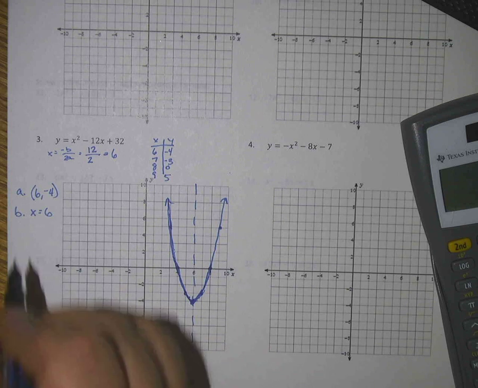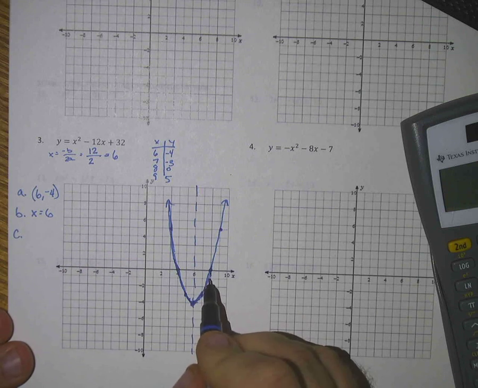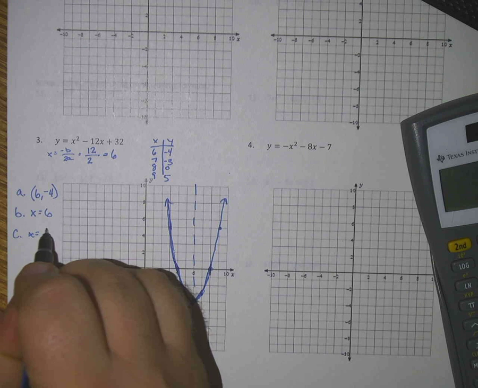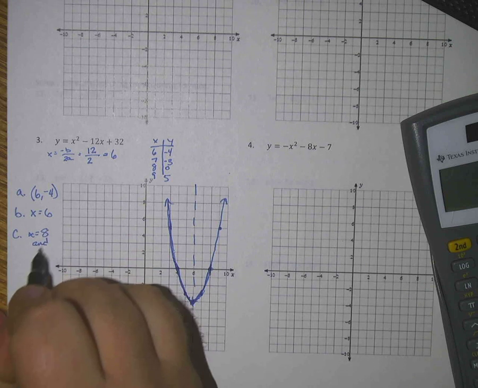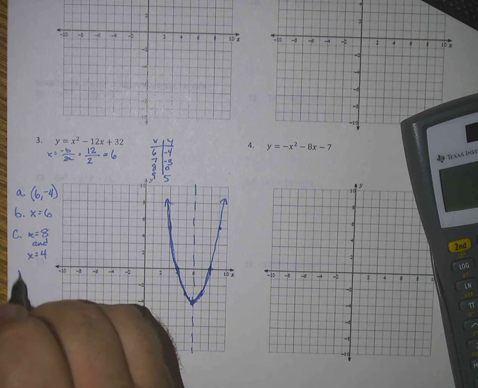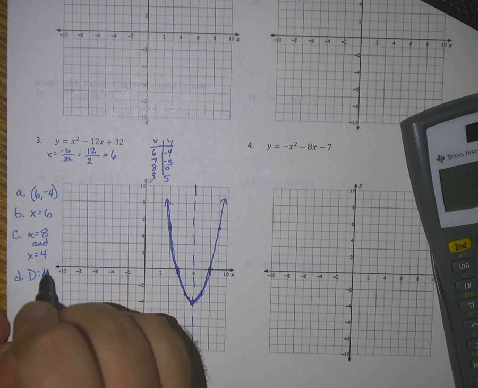Now talking about roots. C says state the roots, and it looks like it's at 8 and 4. So x equals 8 and x equals 4. Then part D talks about domain and range. For the domain, we get all reals.